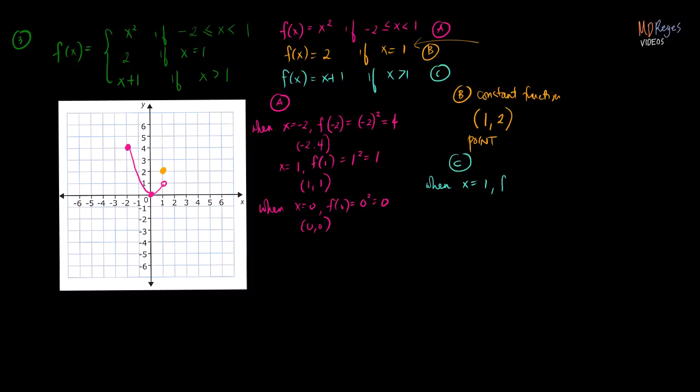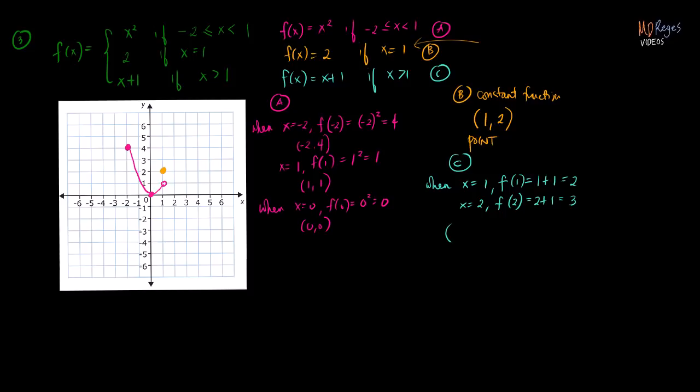The value of the function is 1 plus 1, substituting 1 for x, which equals 2. Now, I can take any number greater than 1 because of the interval x greater than 1. So, if I take x equals 2, then I can get the value of the function at that number. F of 2 is 2 plus 1, substituting 2 for x, 3.